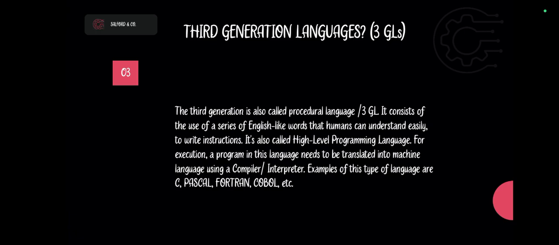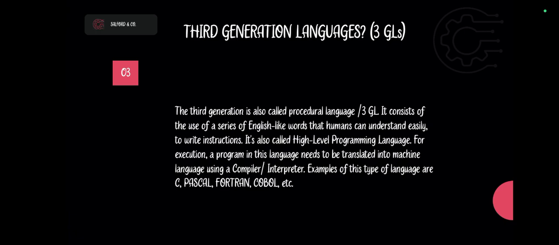Examples of this type of language are C, Pascal, Fortran, COBOL, and others. The advantages of the 3GLs: first, the use of English-like words makes it human understandable.